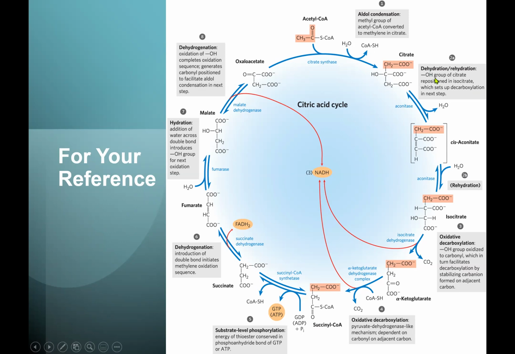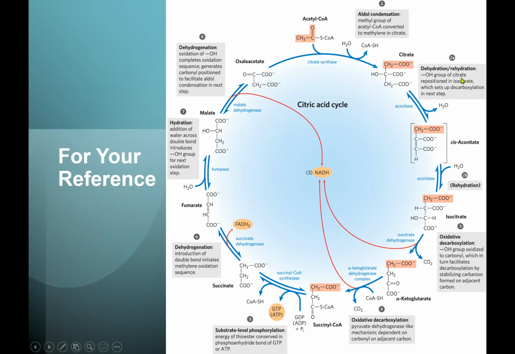Then we have a reaction that I tend to gloss over a little bit, this aconitase reaction. This is a dehydration-rehydration reaction where we're really just rearranging this molecule, right?